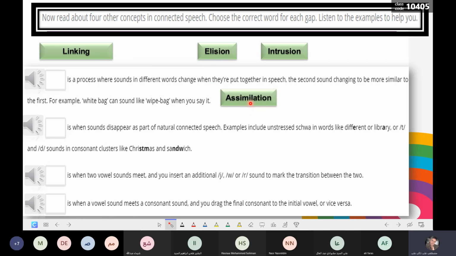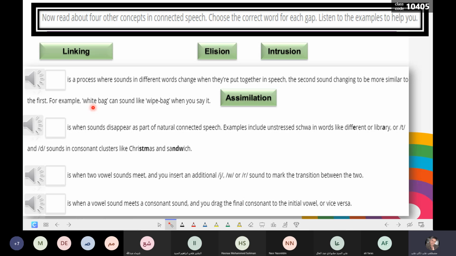So we have assimilation in the same way, just like English. When two sounds are very similar in pronunciation, one of them changes to the other, and the word is pronounced differently.